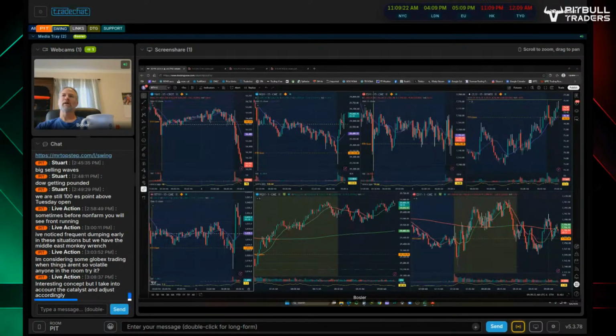On my 1-minute reversal trade setups, I have a profit factor of 2.60. And on my 15-minute, those are the ones that mean the most, because those are the ones I take the most trades on.